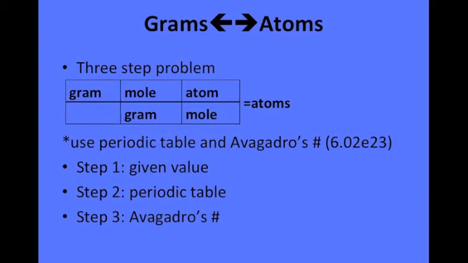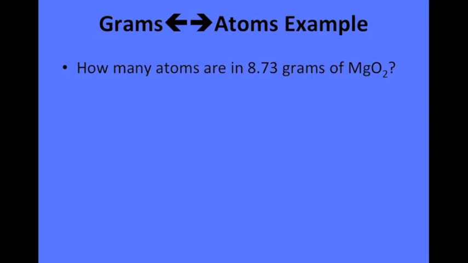And you multiply the top and then the bottom, divide them both by each other, and you end up in atoms. So, the example: how many atoms are in 8.73 grams of MgO2? Start with the 8.73 grams of MgO2.